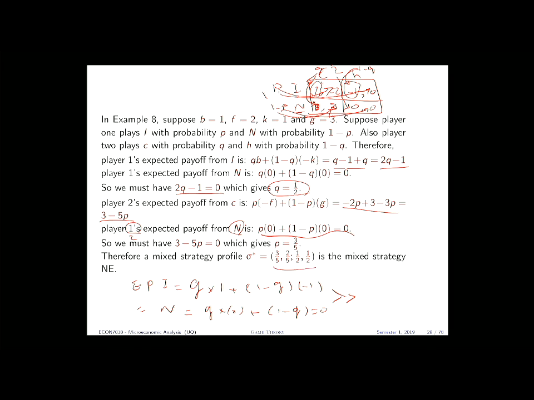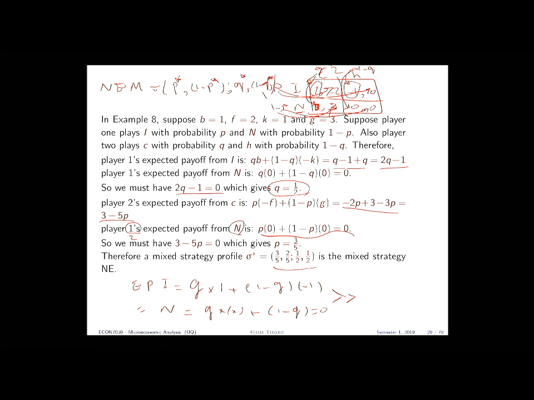So for a 2-player 2-action game, the NE in mixed strategies is P star, 1 minus P star, Q star, and 1 minus Q star.